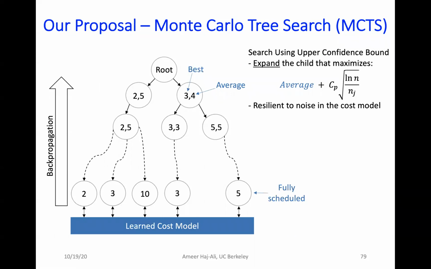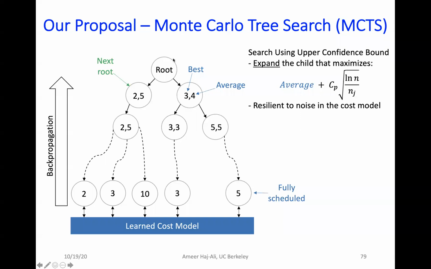And we search using the upper confidence bound. We expand the child that maximizes the upper confidence bound, which is guaranteed to converge after a very, very long time. And it's very resilient to noise in the cost model because we are looking here at the average, which also makes us more and more careful.